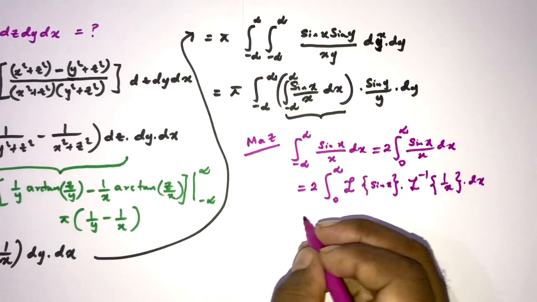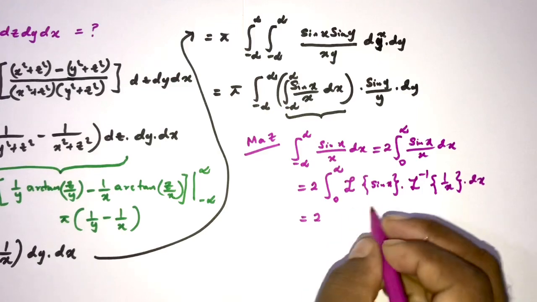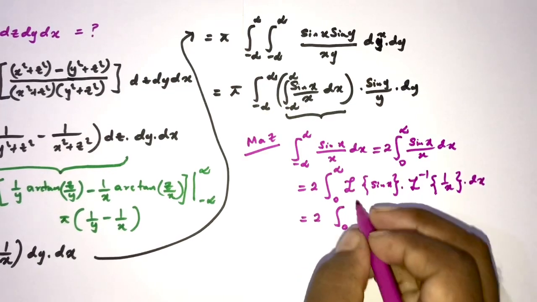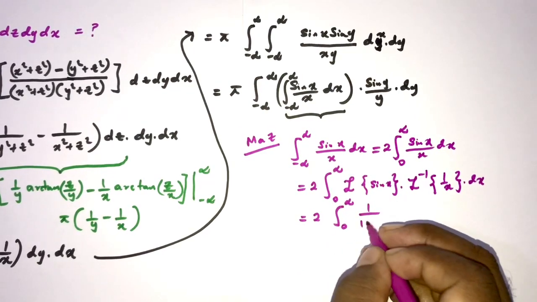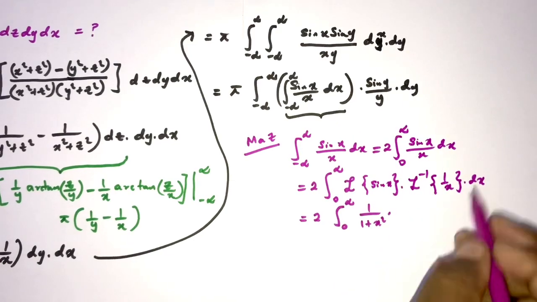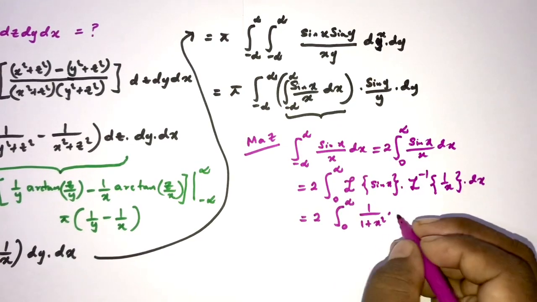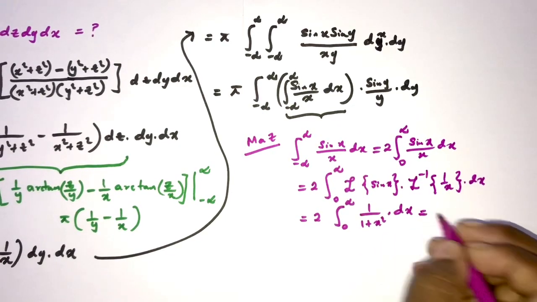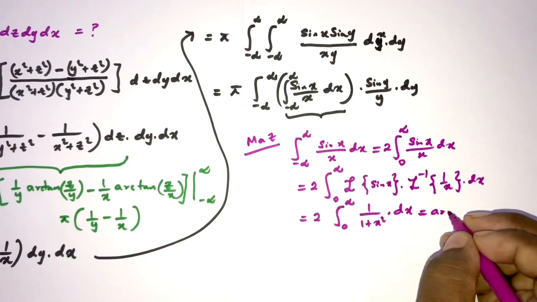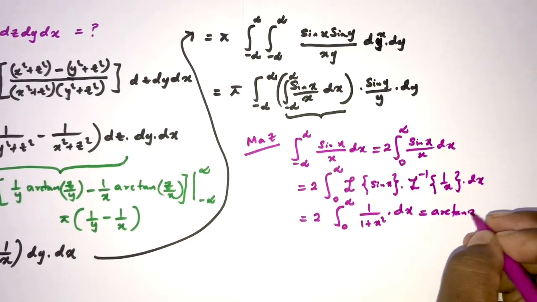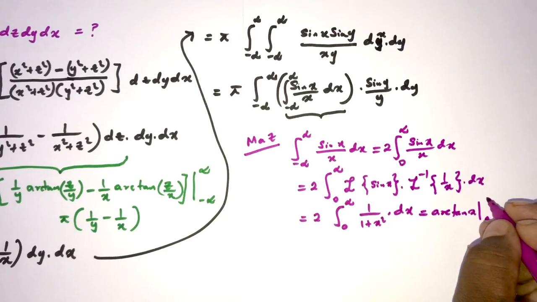Okay, then we know Laplace transform of sine of x is equal to 1 over 1 plus x square, and inverse Laplace transform of 1 over x is 1, so here only dx, and this is also arctan, so 2 times arctan of x from 0 to infinity.